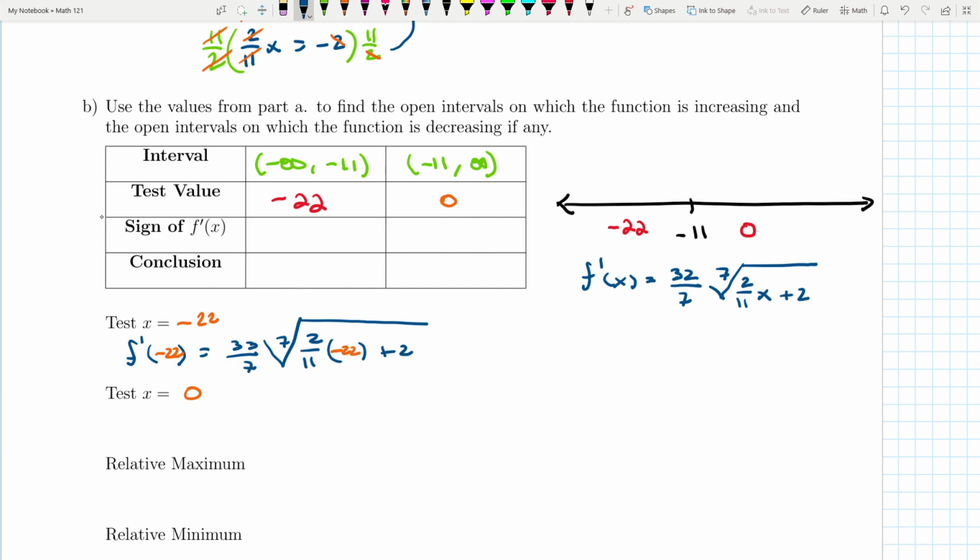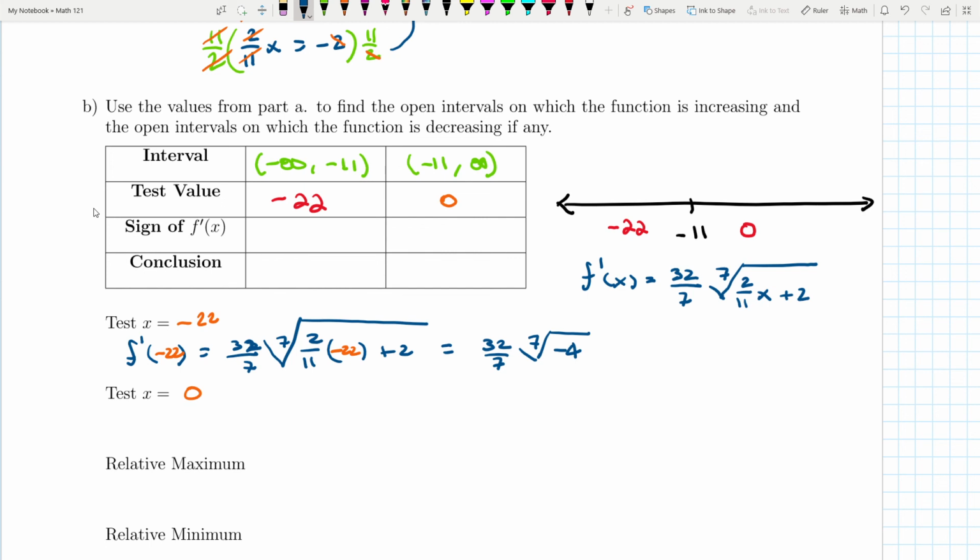So 22 over 11, that's a 2, or negative 2 rather. Negative 2 times 2, that's a negative 4. Well, so we're going to have 32 over 7 times the 7th root of negative 4.